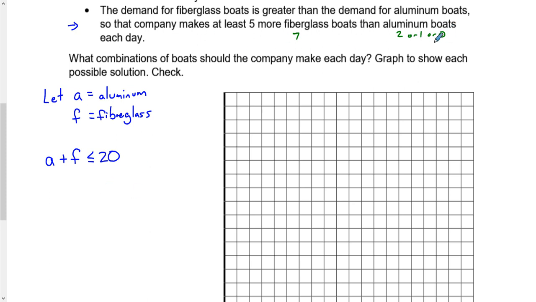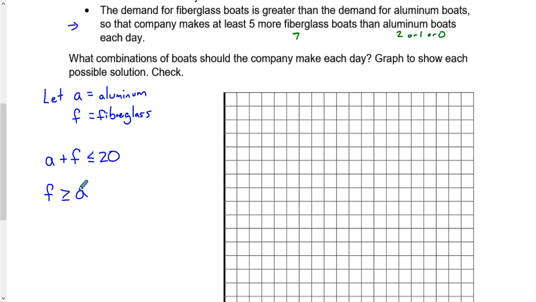The reason I'm doing that is to help illustrate what our equation is going to be. The demand for fiberglass boats is greater than the amount of aluminum boats, so you can make at least 5 more, so it could be equal to 5.